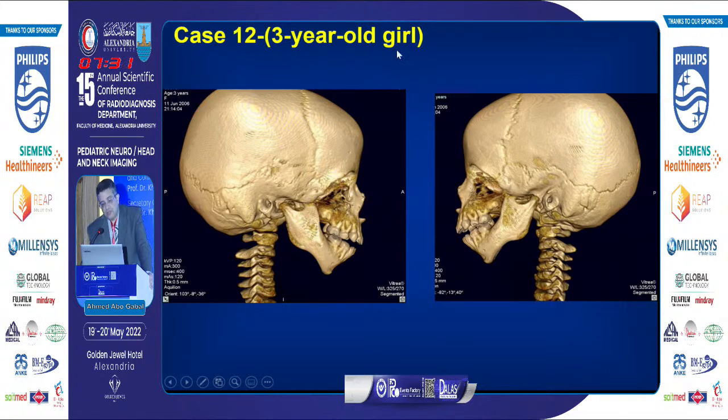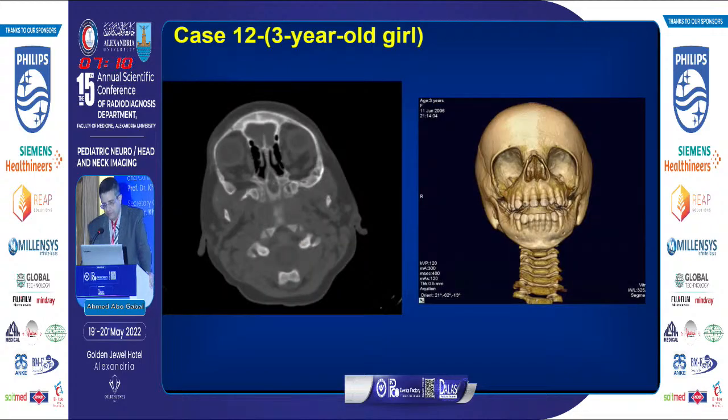Another nice case, what is the abnormality here? If we look and realize, there is no zygomatic arch nor zygoma on both sides of the face. And there is also an obtuse mandibular angle with receding of the mandible. This is what we call Treacher Collins syndrome.